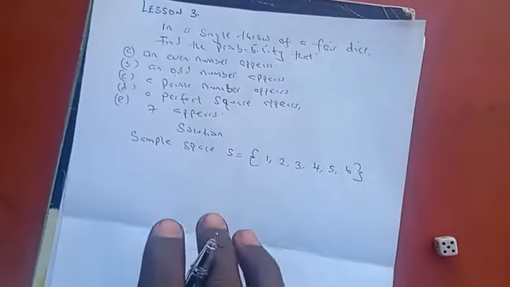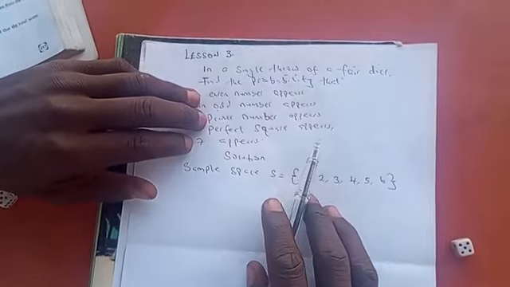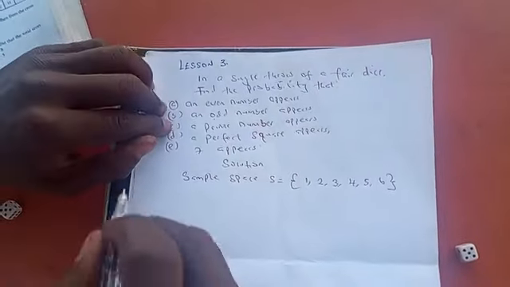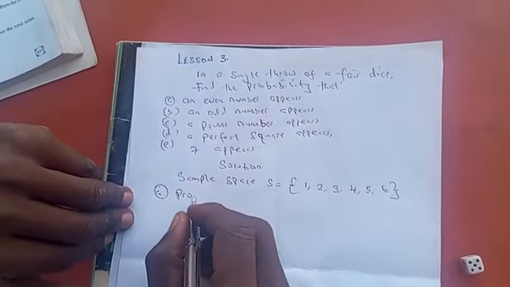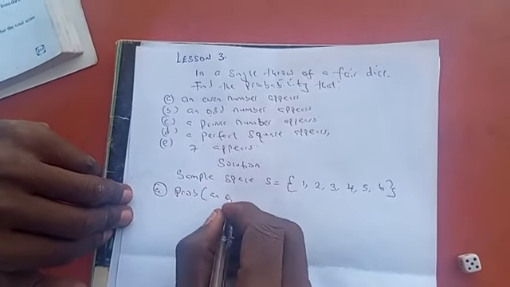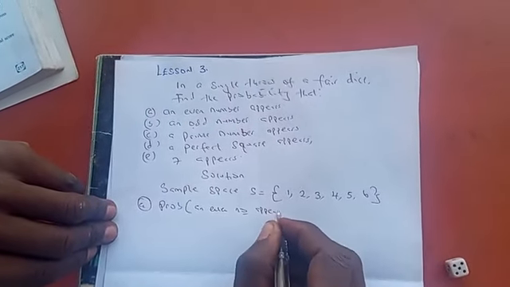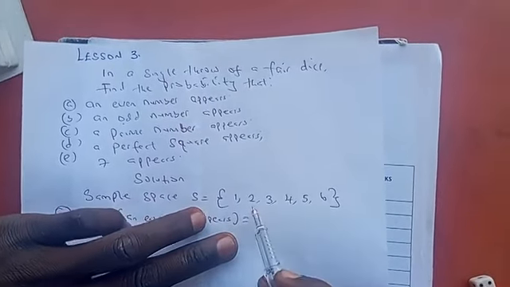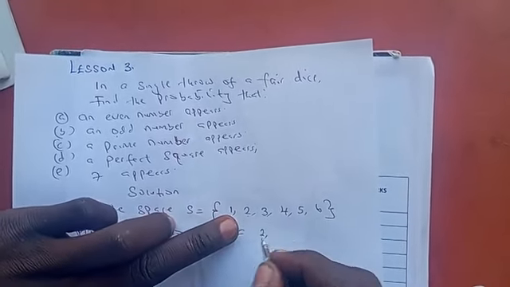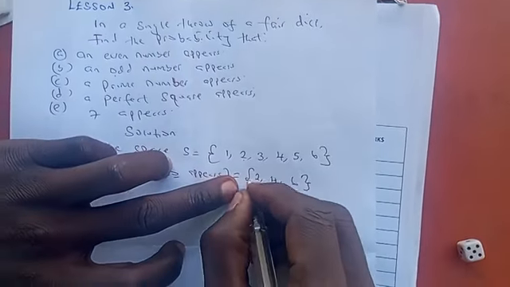Now, they say we should find the probability that an even number appears. A, the probability that an even number appears will be equal to: 2 is an even number, 4 is an even number, and 6 is an even number.